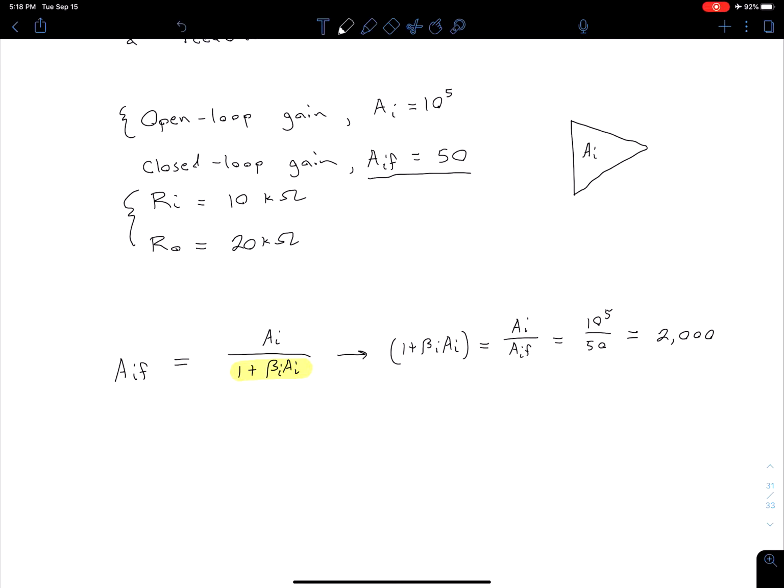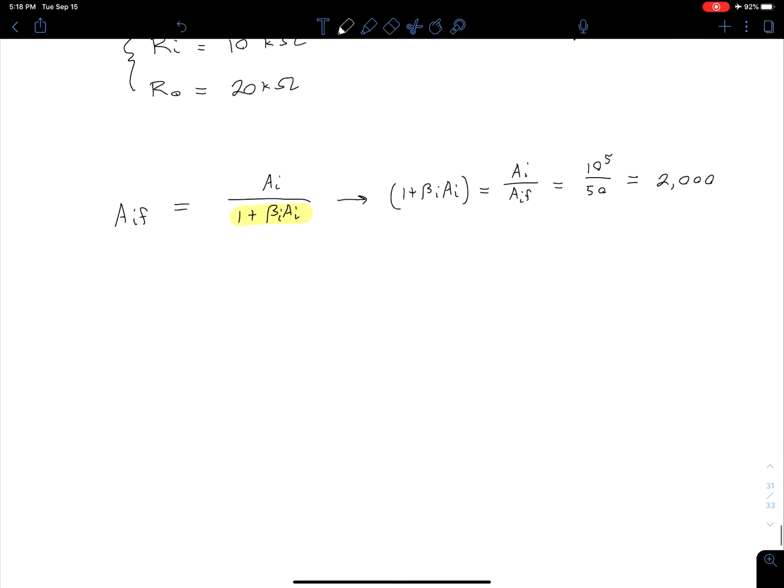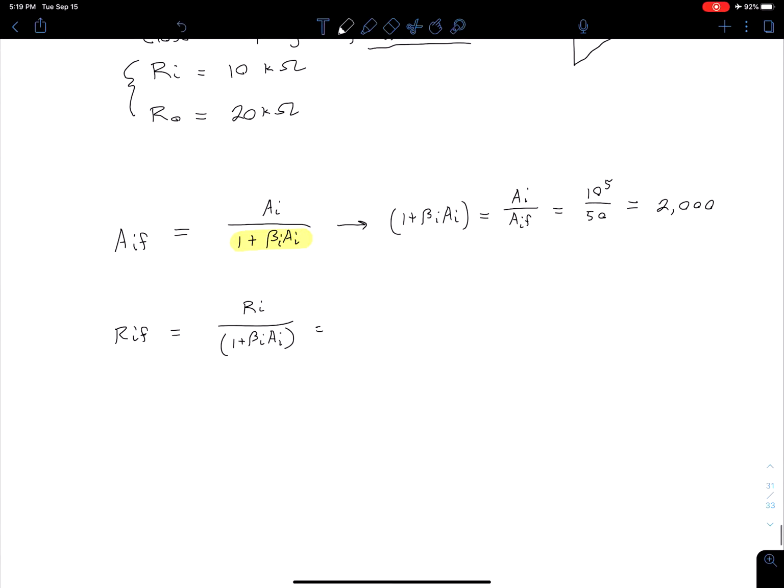So we go back to our equations for our input and our output resistance. Our input resistance for this whole feedback network is going to be equal to our input resistance of our open loop amplifier divided by this 1 plus beta I times A sub I value. So plugging in, we know that our R sub I was given as 10,000 ohms, 10K, and we're dividing that by this quantity of 2,000.